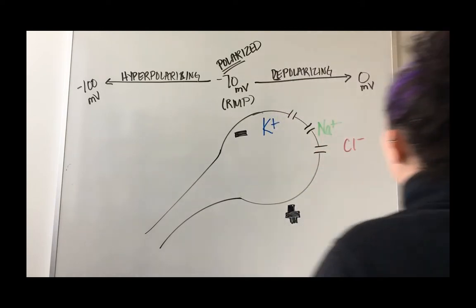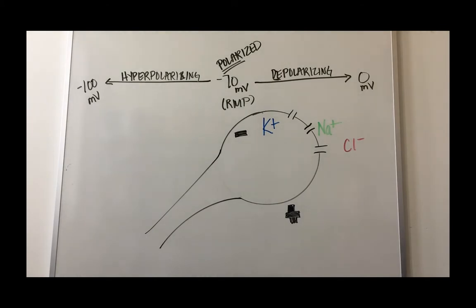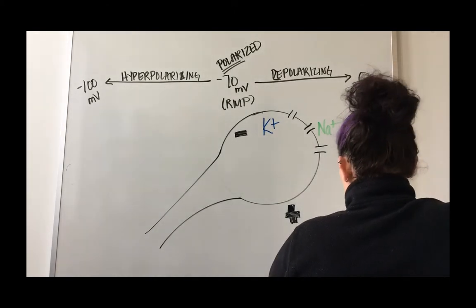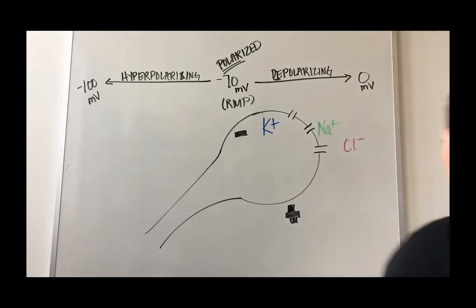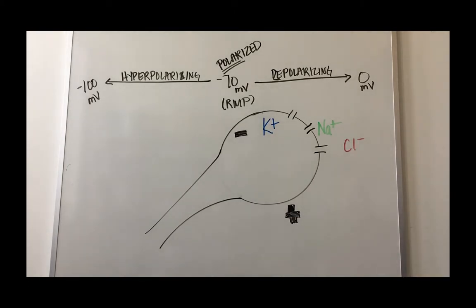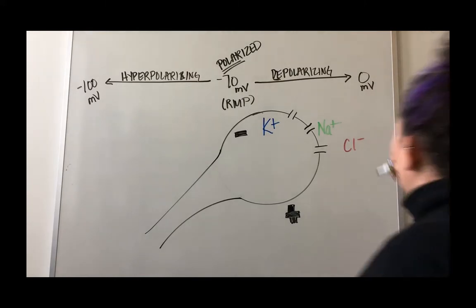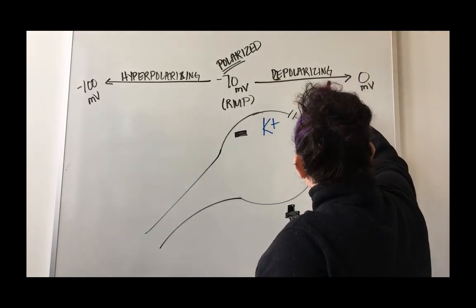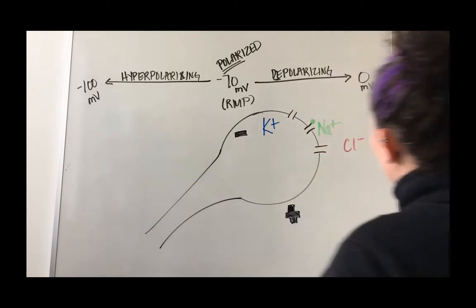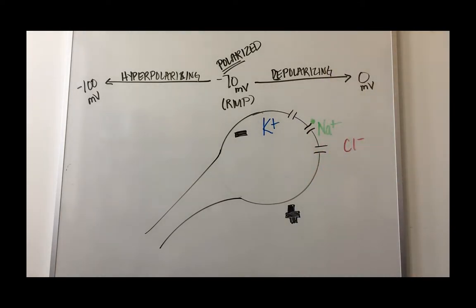Let's see what would happen if we were to open them. We know that neurotransmitters are going to function as our ligands. So we have a neurotransmitter that's released onto our dendrite, and it opens up a sodium channel. So there's our ligand, and our sodium channel opens.